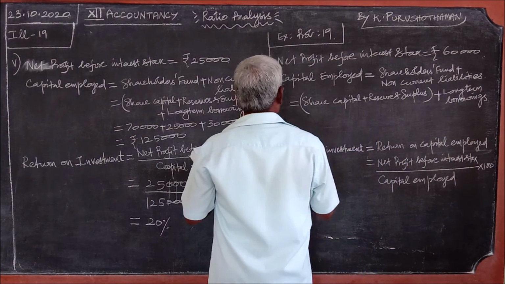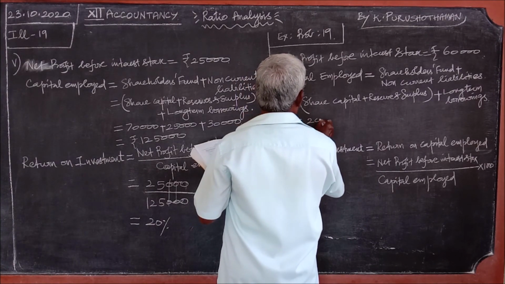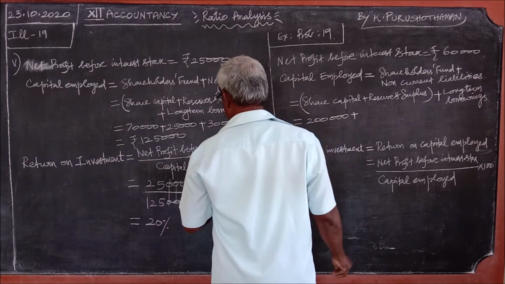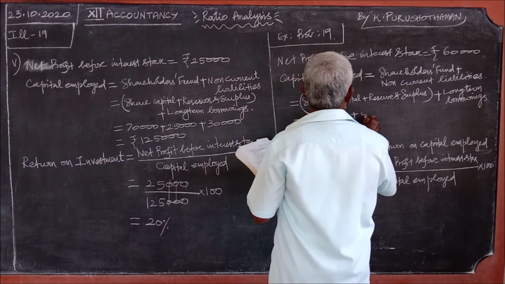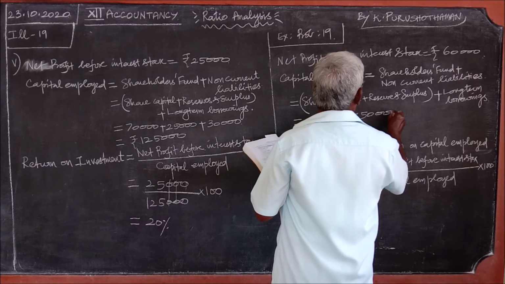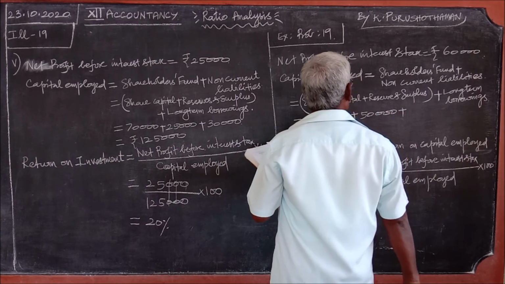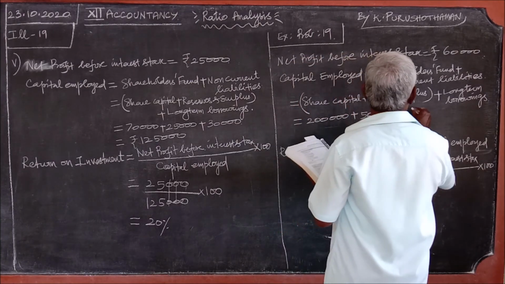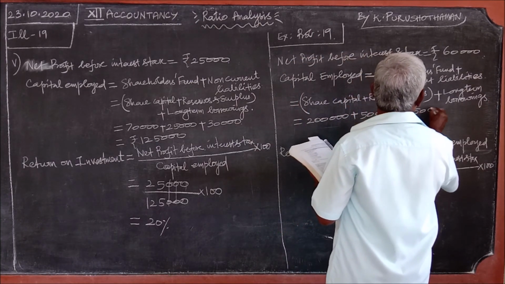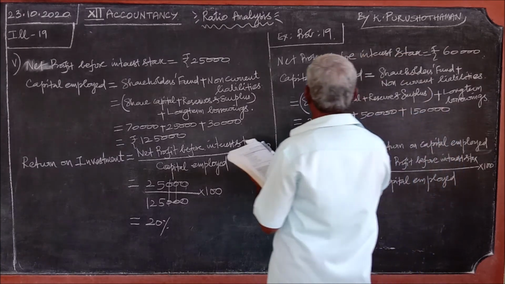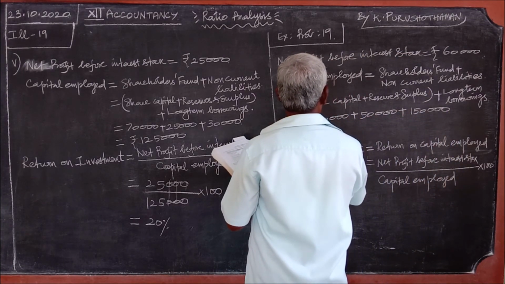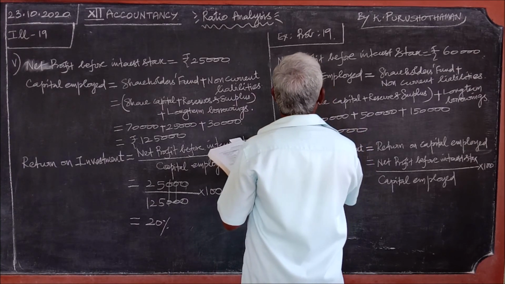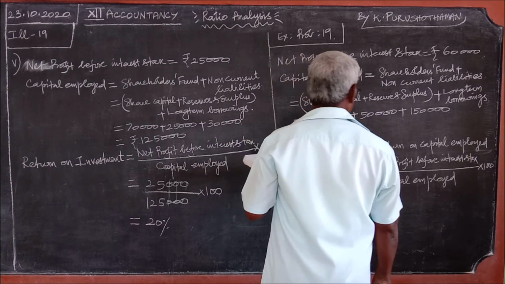Share capital 2 lakhs, plus reserve and surplus 50,000, plus long-term borrowings 1,50,000. So what is the total of this? 4 lakhs. 4 lakhs is the capital employed.